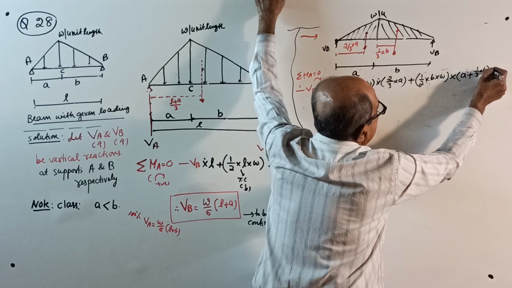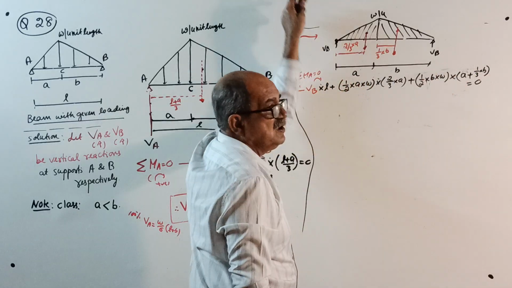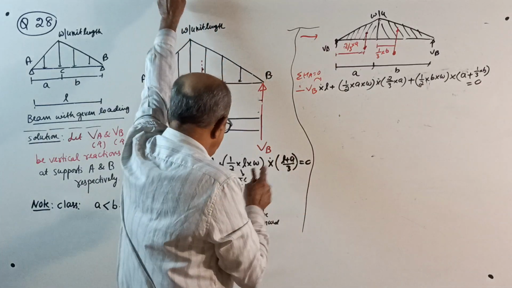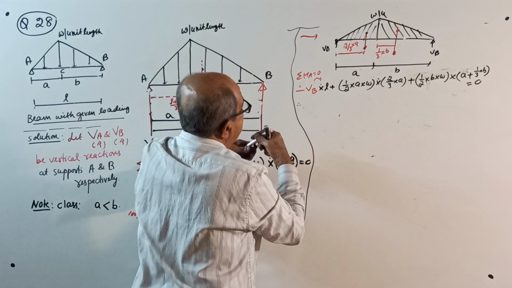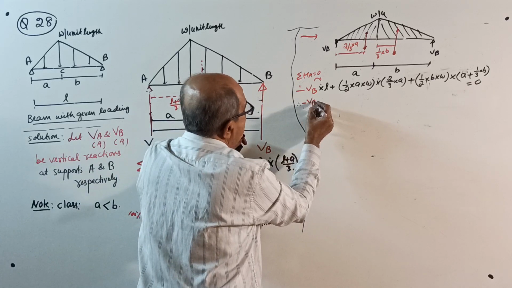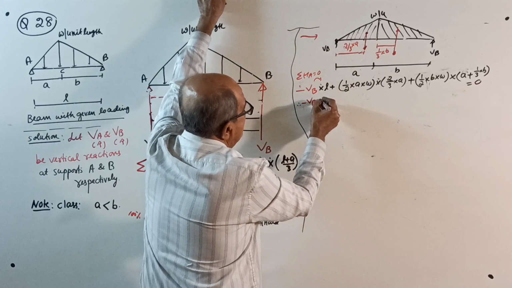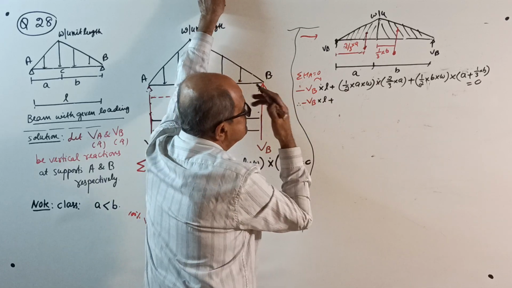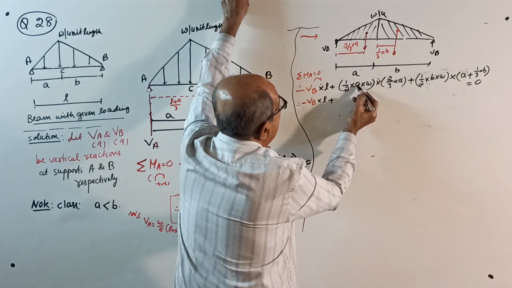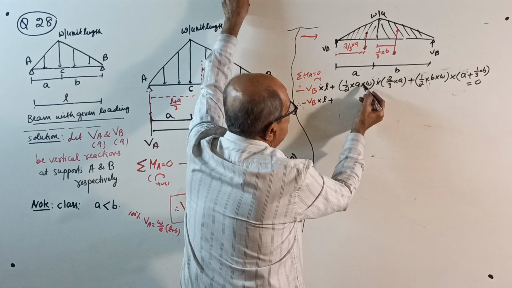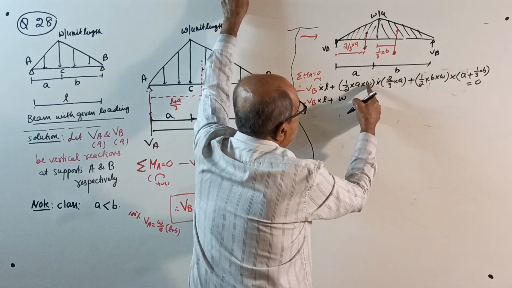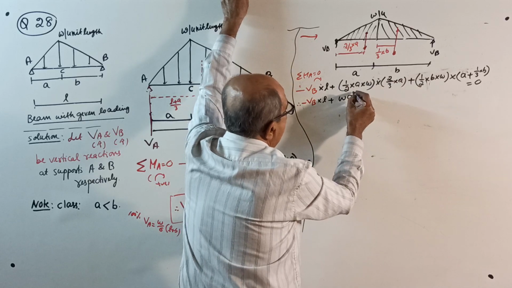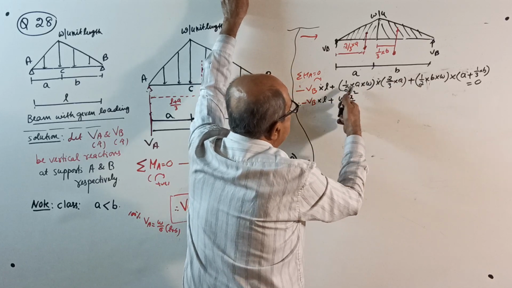One-third of B equal to 0 is the equation. But I have to get this answer now. One minute. Okay, start. Therefore, you get minus VB into L, plus WA into A, WA square, 2 and 2 will cancel, WA square by 3 into 2 is 6.